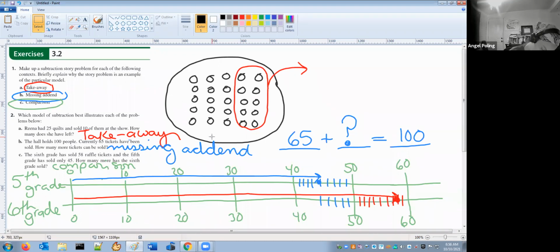So by comparison, I counted from the 5th grade until the 6th grade to find that there was a difference of 13. So that was by comparison. So we have a linear model by comparison. We have our missing add-in equation model, and then we have a set model for the takeaway.